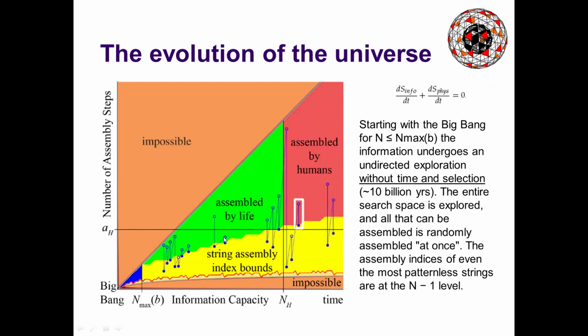But as soon as it is shown that some novel information is possible, then nature seeks to optimize its assembly pathway to reach the assembly index. So in our opinion, there is a certain threshold of assembly index that is available to a living dissipative structure, namely to life, non-human life.